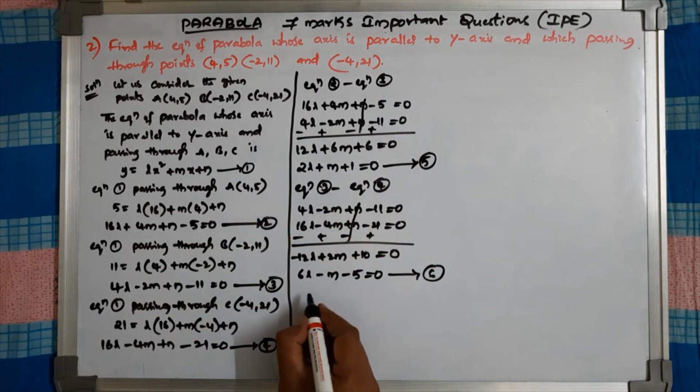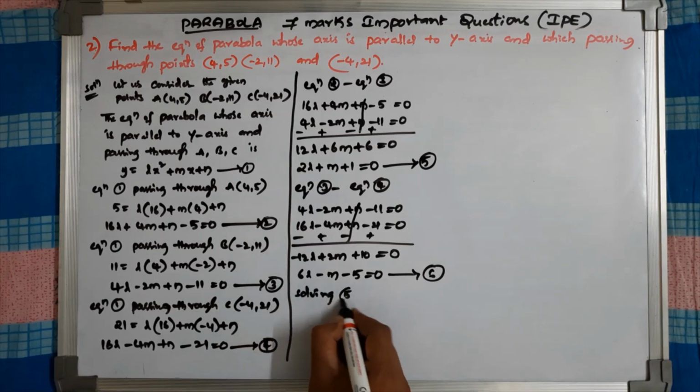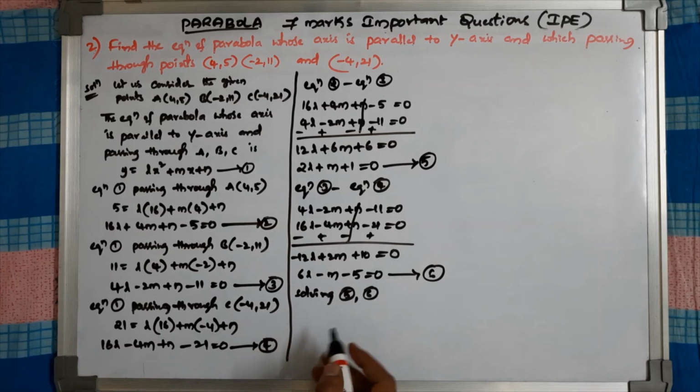Solving equations 5 and 6 by cross multiplication, with L, M, and the constant term 1, from the first equation we take 2, 1, 1, and from the next, 6, -1, -5.